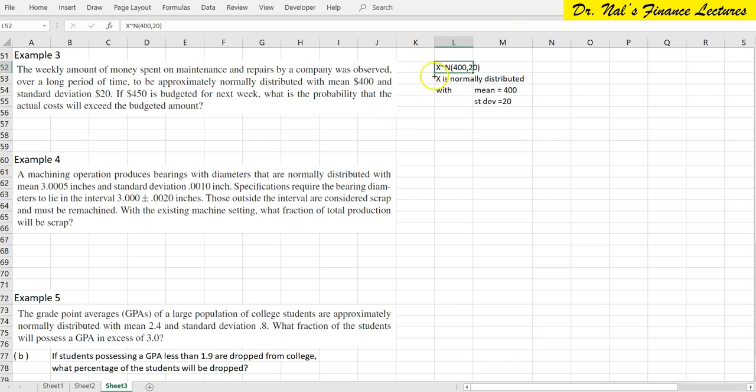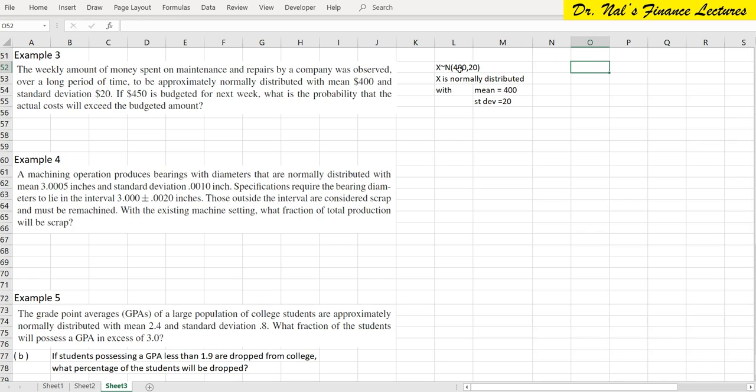400 mean, 20 standard deviation. If $450 is budgeted for next week, what's the probability that the actual cost will exceed the budgeted amount, which means our budget will end up being violated? It's very likely we will remain within our budget because we know the normal distribution is symmetric. $400 is the mean, meaning there's a 50% chance the cost will not exceed 400, right?